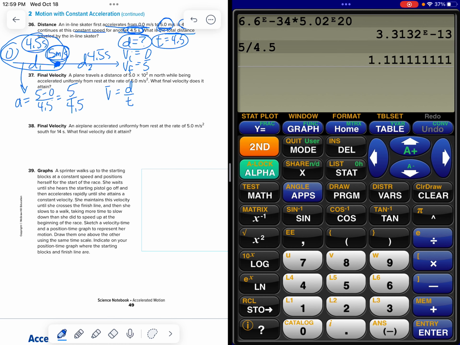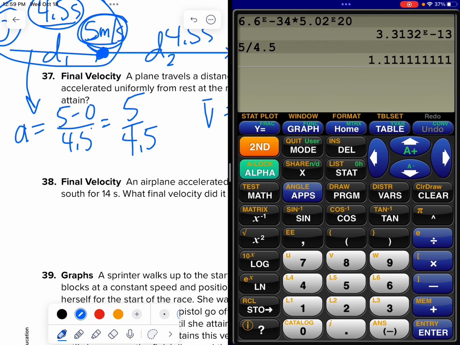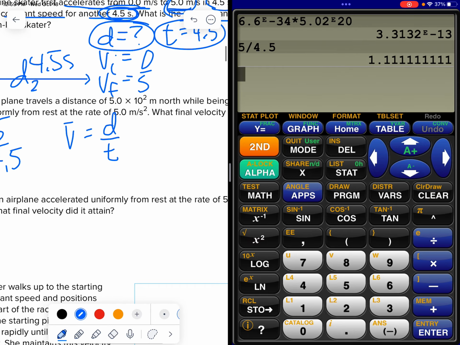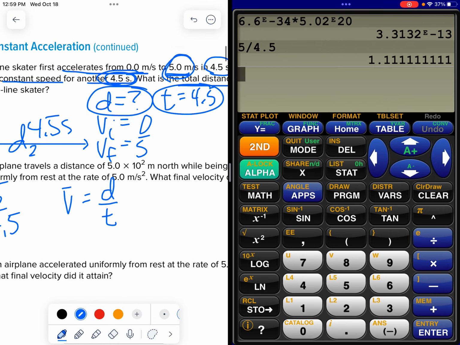So he's accelerating at 1.1 meters per second squared.